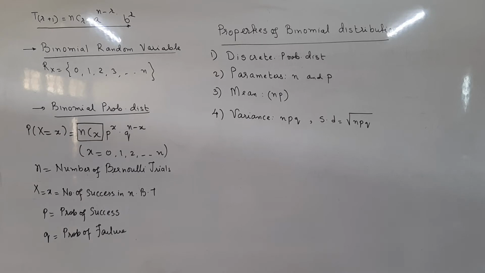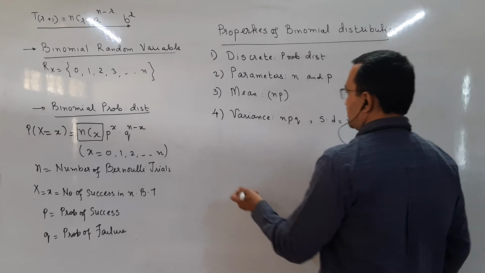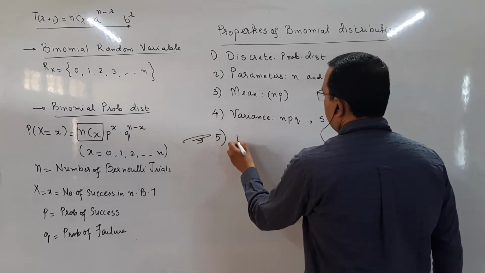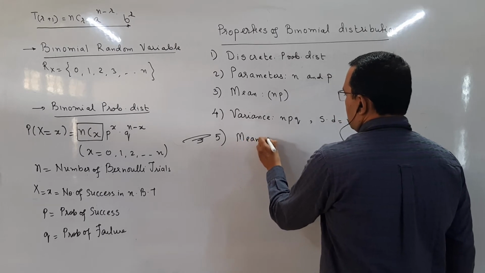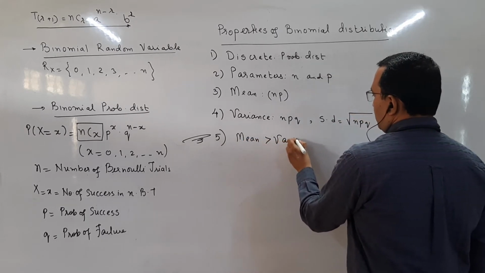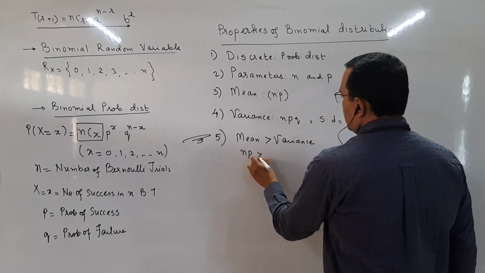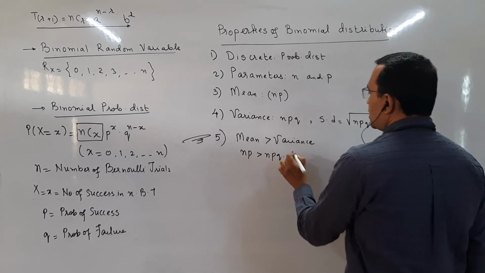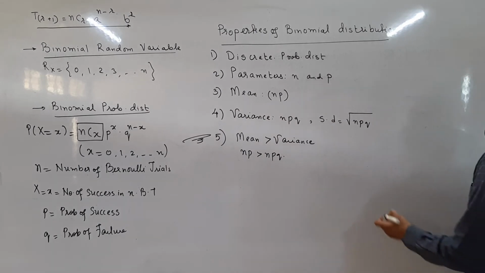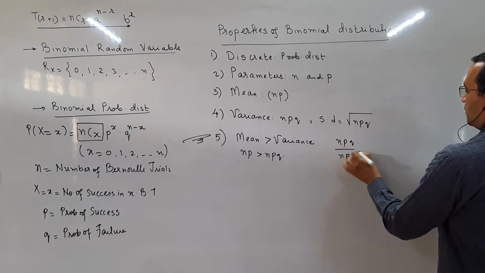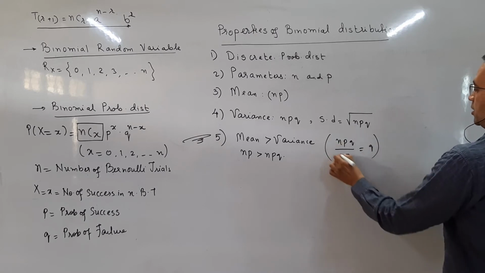Then, for a binomial distribution, mean is always greater than variance. The most important property: mean greater than variance. So, np greater than npq. And definitely variance upon mean will give us the probability of failure.